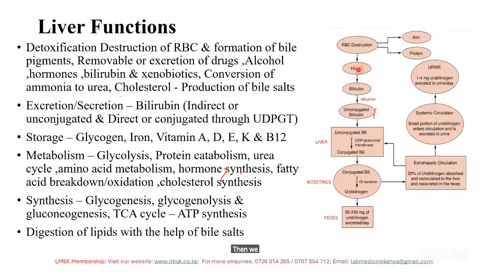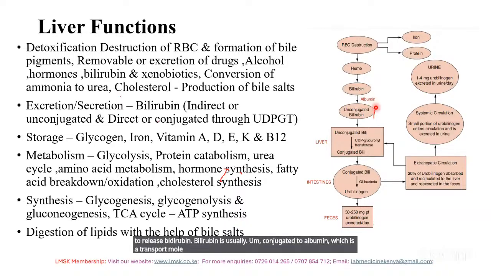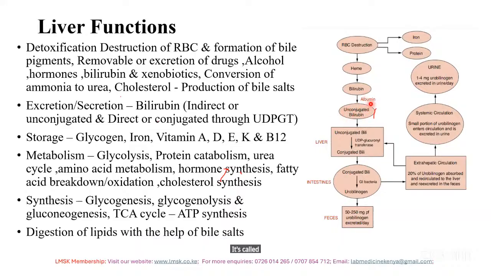Then we have heme, which is the component that is broken down to release bilirubin. Bilirubin is usually bound to albumin, which is a transport molecule. This bilirubin, before it reaches the liver, is called unconjugated bilirubin because it is just bound to albumin for transportation.